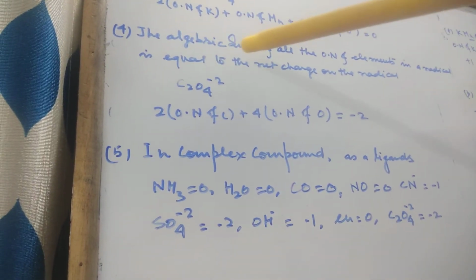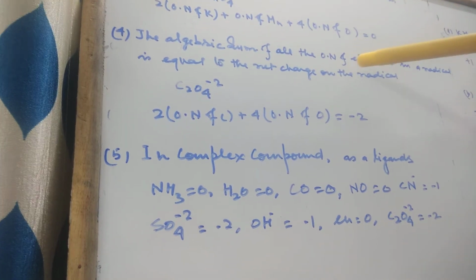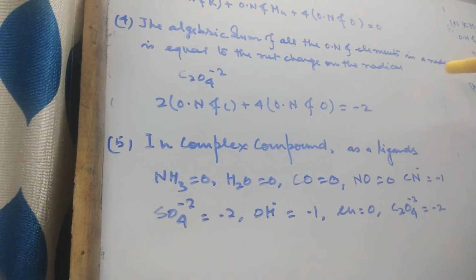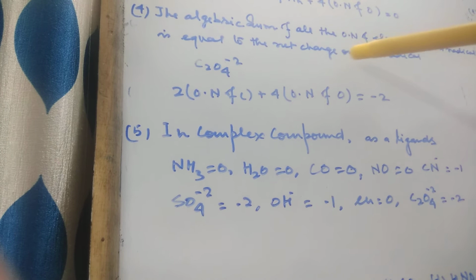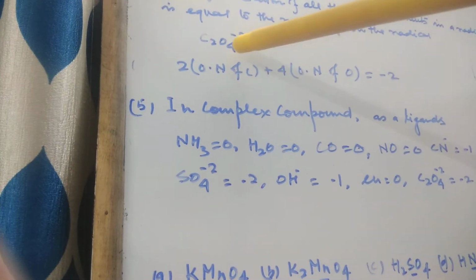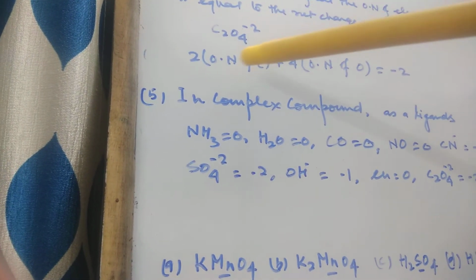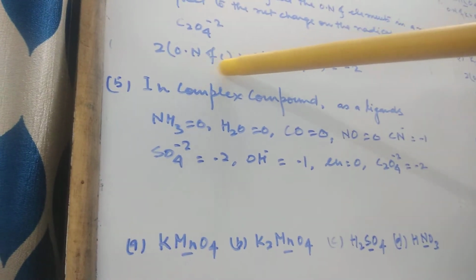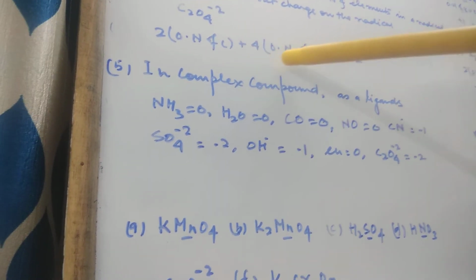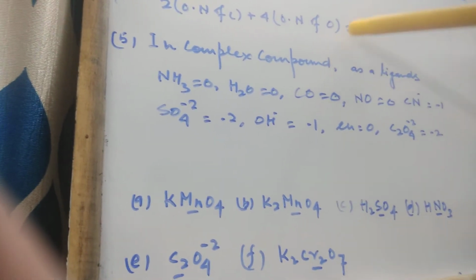Fourth, the algebraic sum of all the oxidation numbers of the elements in a radical is equal to the net charge on the radical. For C2O4 -2, that is 2 into oxidation number of carbon plus 4 into oxidation number of oxygen equals -2.